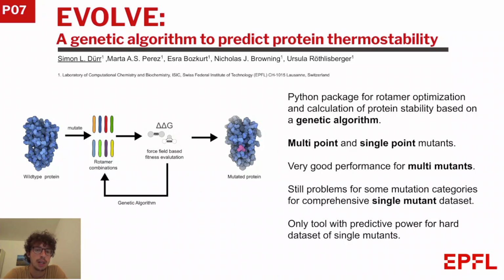But gratifyingly, on a small data set where all other state-of-the-art tools have shown no predictive power whatsoever, our tool can at least achieve statistically significant results. So that was a very nice first to see. If you're interested in protein traversability, I invite you to check out our poster, which also contains some interactive features, so you can explore the data set and explore some of the benchmark results interactively.